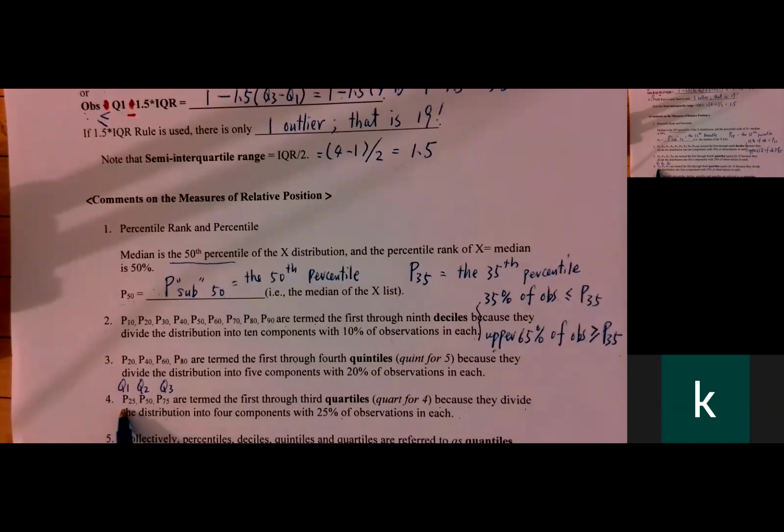4. P25, P50, P75. Remember, this is the one we just covered. First quartile, second quartile, and third quartile. These 3 numbers are termed the first through third quartiles, quart for 4, because they divide the distribution into 4 components with 25% of observations in each, okay?